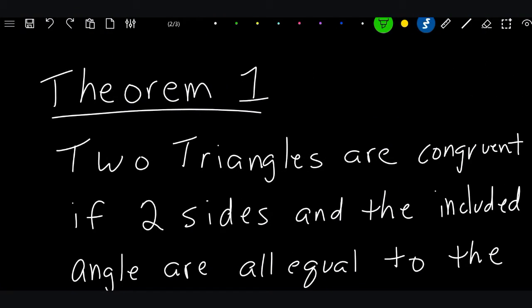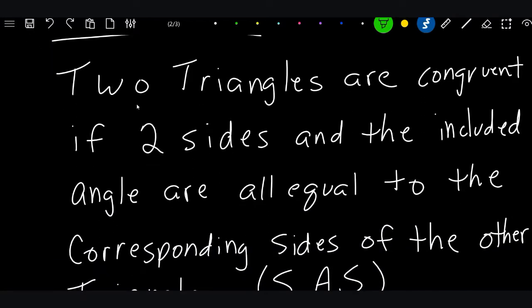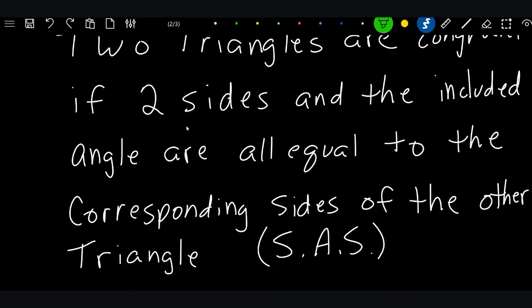The way that we can do that is by using these theorems. All right, so here's the theorem. Theorem number 1 says, two triangles are congruent if two sides and the included angle are all equal to the corresponding sides and angle of the other triangle. That's called side, angle, side. So if I have two sides and the included angle, what does that mean?